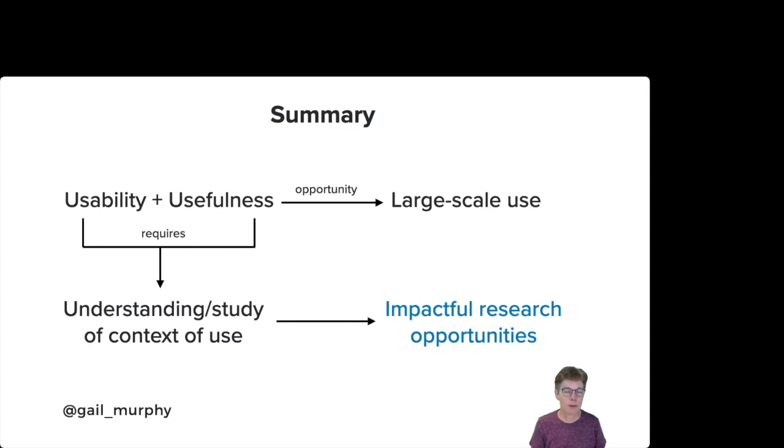When we do so, we find even more research opportunities that can lead to very impactful research results. And if we get this right, we create the opportunity for some of these tools to make it into large-scale use and to really change the lives of practicing software developers, a goal I think we have for much of the software engineering research that we undertake.